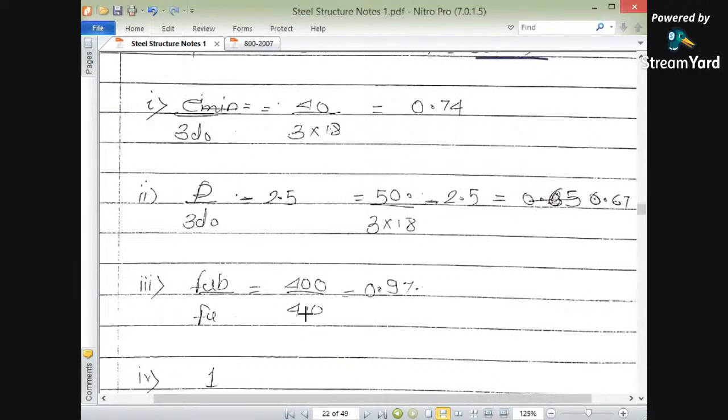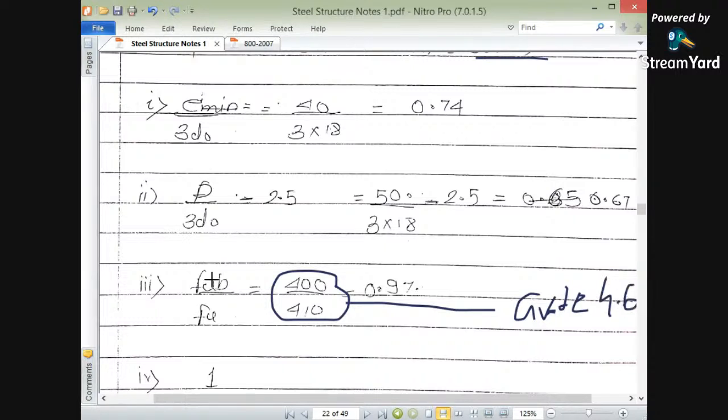These two values depend upon the grade of bolt, that is 4.6. It has been mentioned in the IS code, from the steel table in IS 800 2007. These two values we have taken from the table for grade 4.6, by referring to the code.